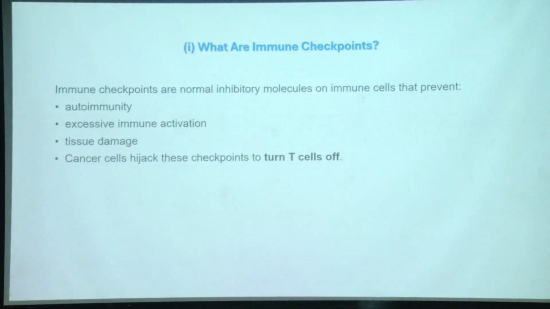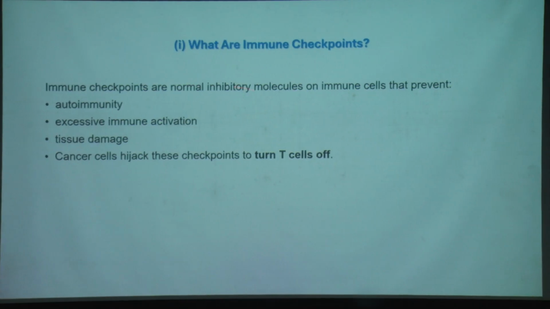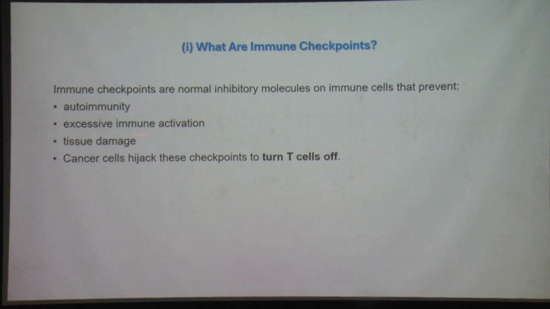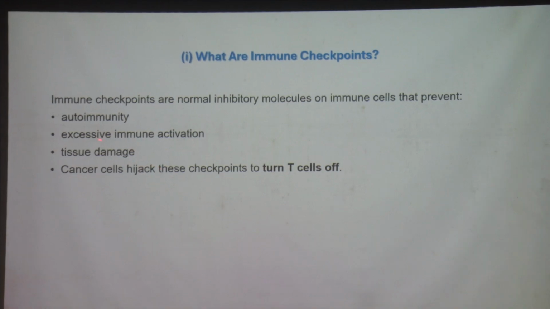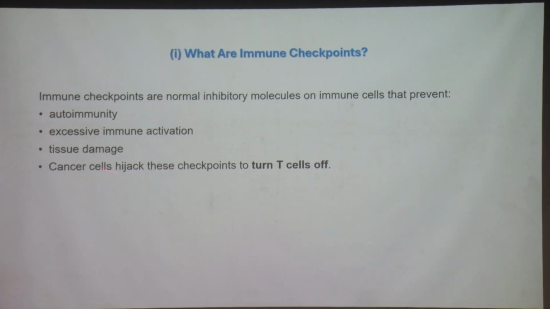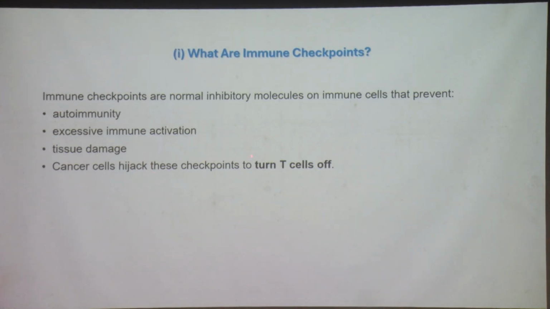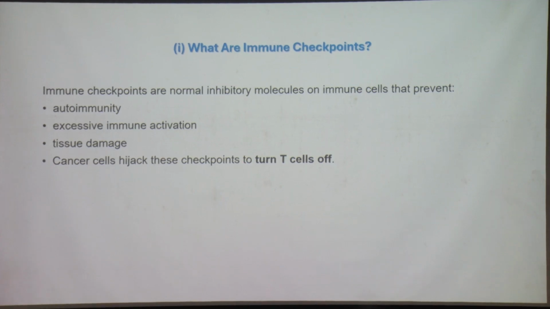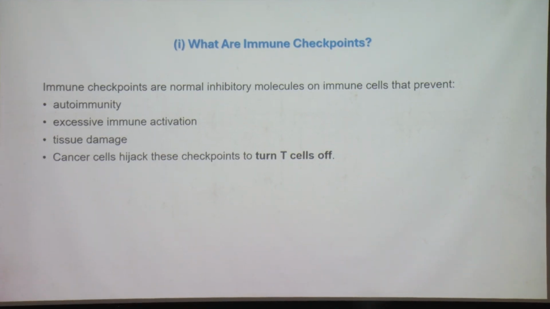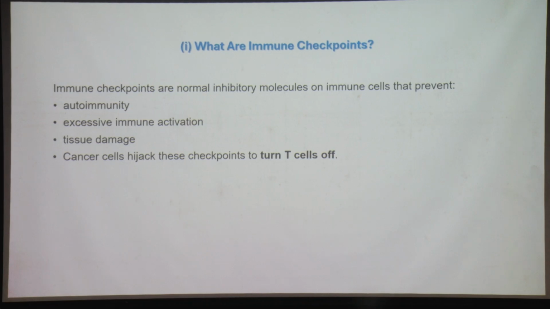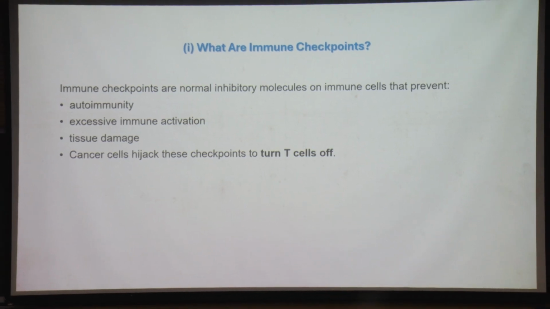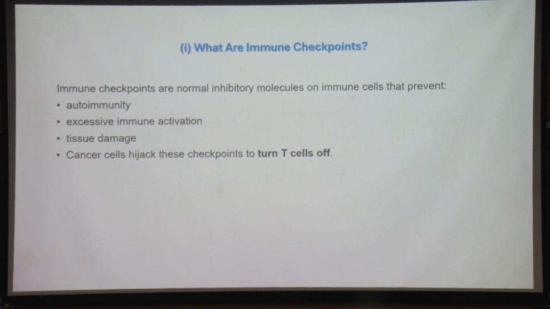Okay, so what are immune checkpoints? Immune checkpoints are normal inhibitory molecules on immune cells that prevent autoimmunity, excessive immune activation, and tissue damage, and cancer cells hijack these checkpoints to turn T cells off. So let me repeat this once again. You get a vaccine, right? And most of the time when we get a vaccine, we are really down for a couple of days.